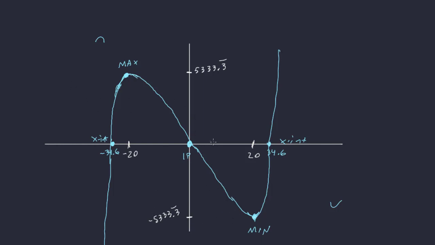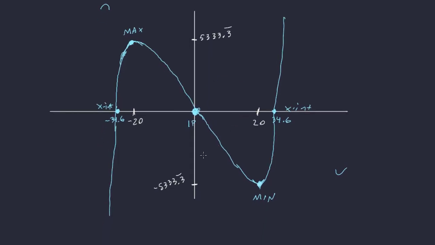Now notice, I didn't really worry about concavity because connecting things in this way basically makes this an inflection point. That makes this concave down here and concave up here, which is exactly what we found, right? So as long as you connect those maxes and mins in the most efficient way that you can, it's going to line up, all right?